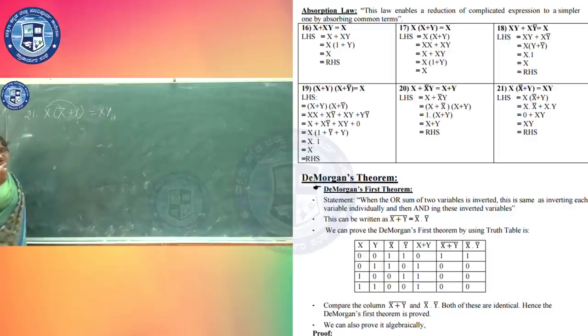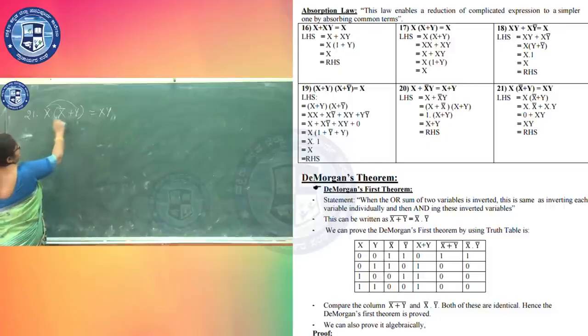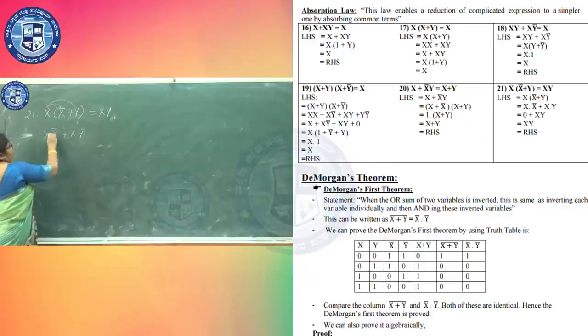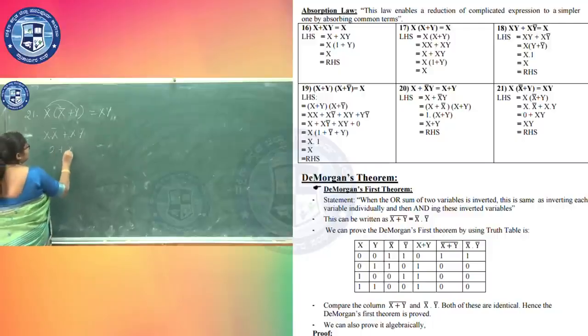We have only one term outside, so we have to multiply it with this and with this one, x with the y and x with the x dash. x into x dash plus x into y. We already know x into x dash is nothing but 0. 0 plus xy is nothing but xy, which is our RHS.